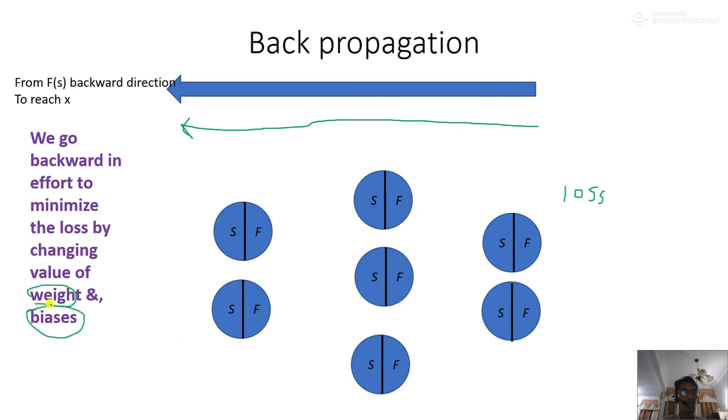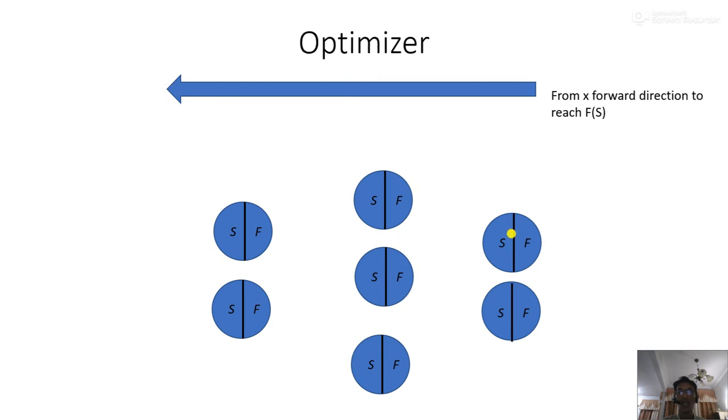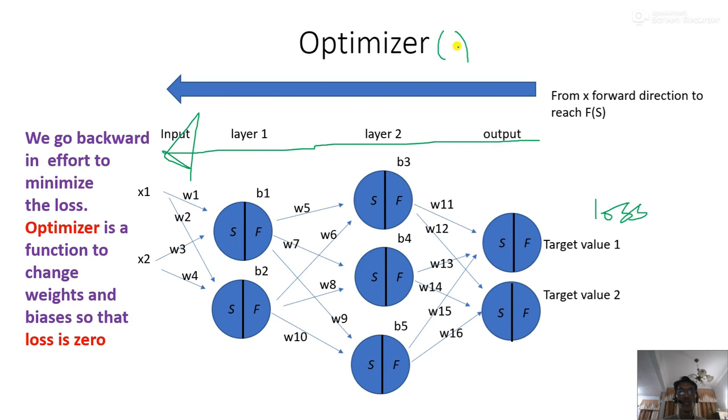In order to change the weights and bias, what you need is an optimizer. An optimizer is a function that performs the back propagation, changing the value of weights and bias, so we go backward in an effort to minimize the loss.